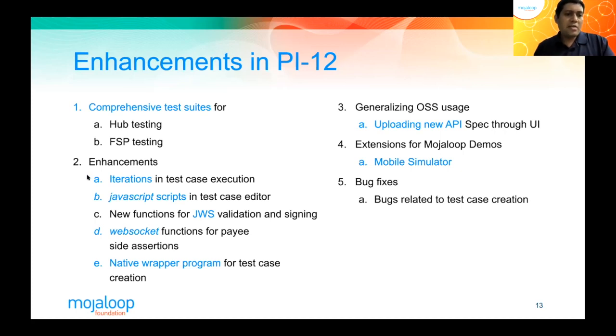We also did several enhancements in the functionality. We added iterations, so if we want to execute a test case several times, we can do that. We also added some functions to connect to the WebSocket and make payee side assertions for the JWS functionality. The next main feature is uploading a new API.